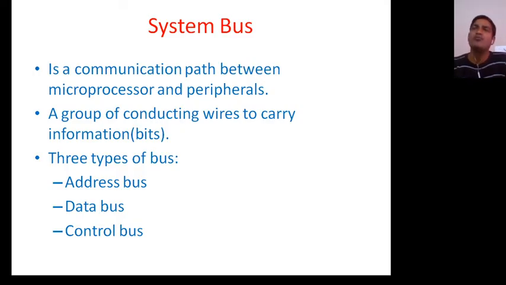Because the microprocessor sends bits in only one direction, from microprocessor to memory or microprocessor to input output device. And why is the data bus bidirectional? Because the microprocessor sends data to memory, or memory sends data to the microprocessor, or the microprocessor sends data to an input output device, or an input output device sends data to the microprocessor, in both directions. That is the data bus.